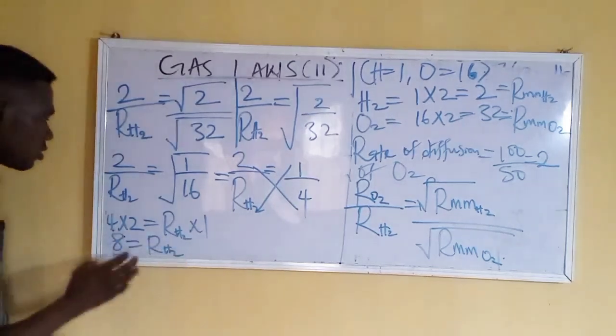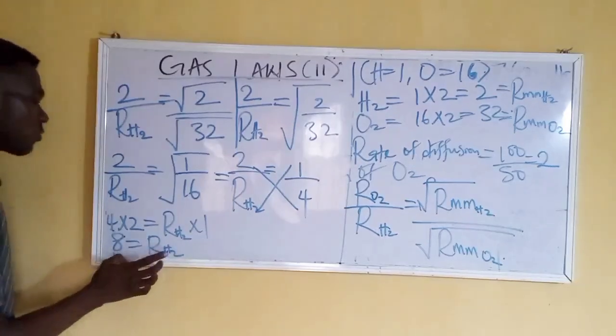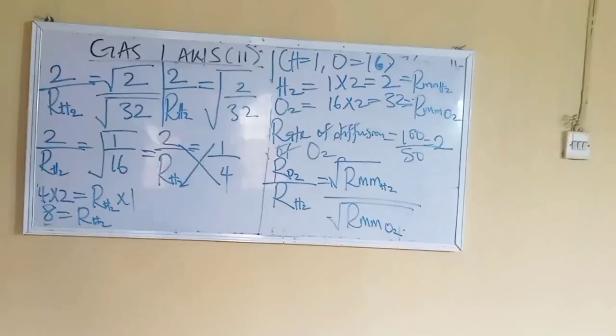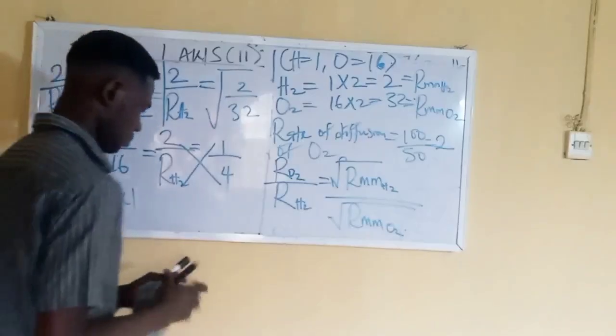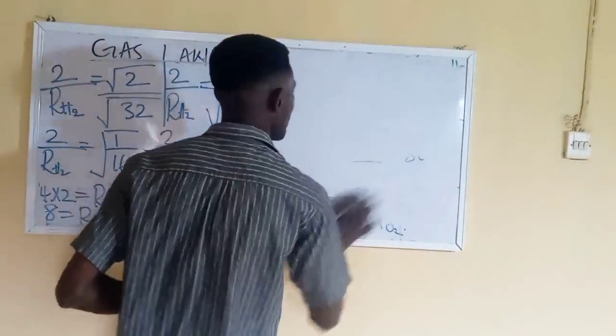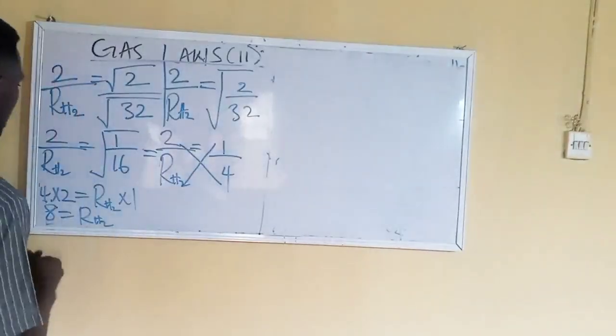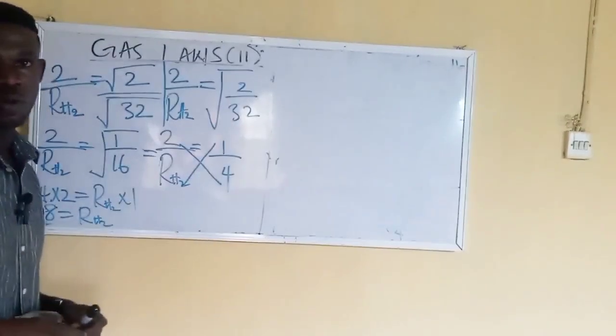Now what we've succeeded in doing here is getting our rate of diffusion of hydrogen gas. Now you've gotten your rate of diffusion. So now we have this, then we can now find the time taken for hydrogen gas. Now remember that we are looking for time taken for 100 centimeter cube of hydrogen gas.